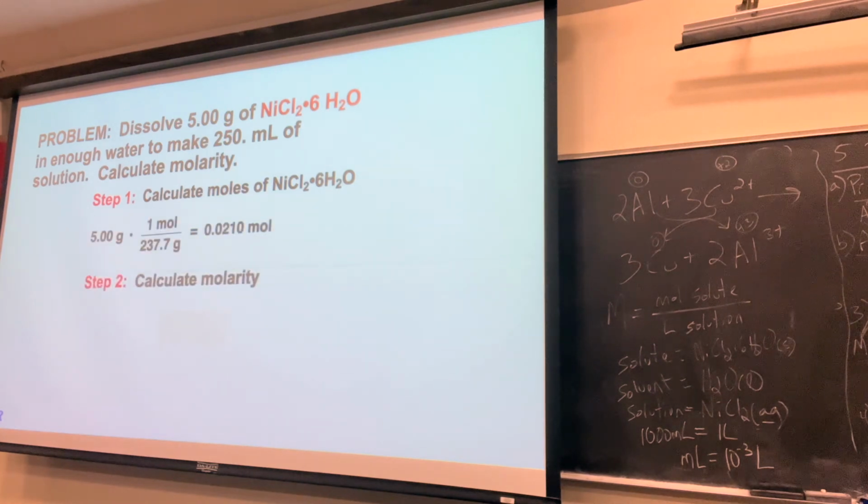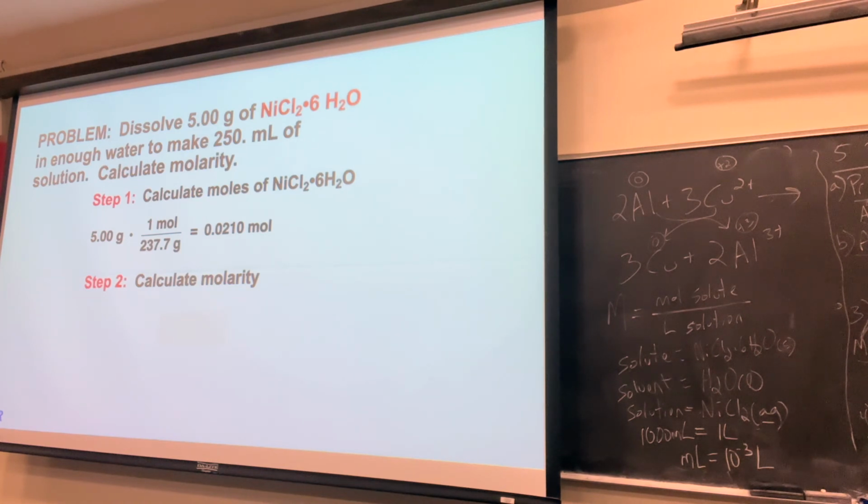That number came out to be 237.7 grams per mole. So if you have 5 grams of that, you can turn grams into moles. Grams over grams cancel out. You've got moles of the NiCl2 on top. 0.0210 moles nickel 2 chloride. Does anybody have any questions about where this number came from?